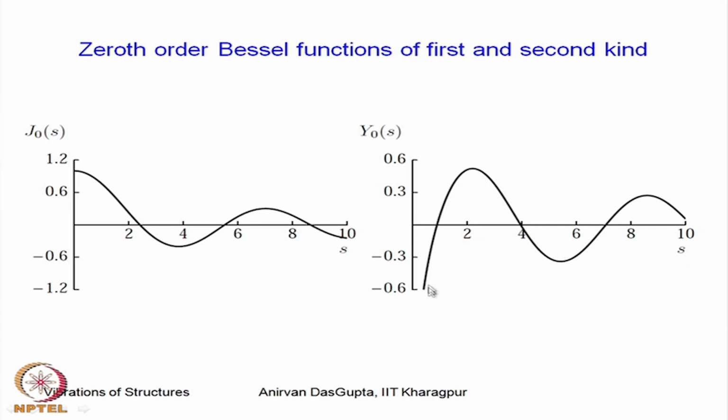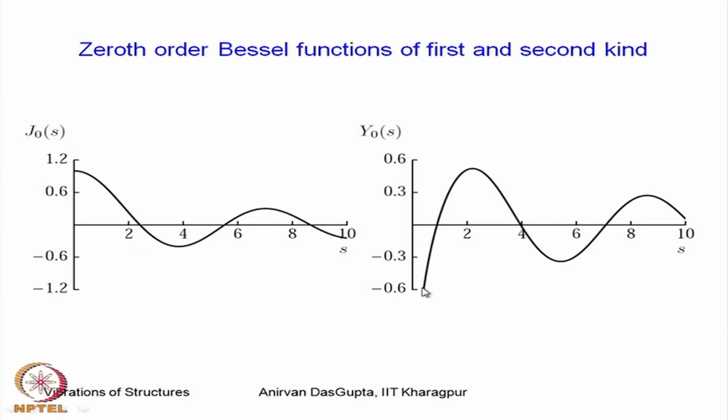Here, for integral values of the order, the Bessel function of the second kind has a logarithmic singularity at argument equal to 0. This is known from the theory of Bessel functions.